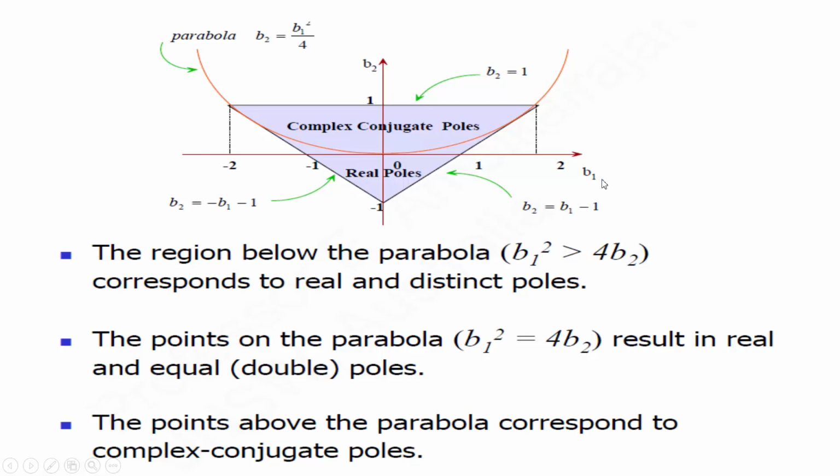Now we know which coefficients to select so that a point lies above the parabola, and we can get resonance, and we can get a system like a band pass filter. So this is how the second order resonant system looks, if we analyze the behavior of the system and look for the stability of the system.